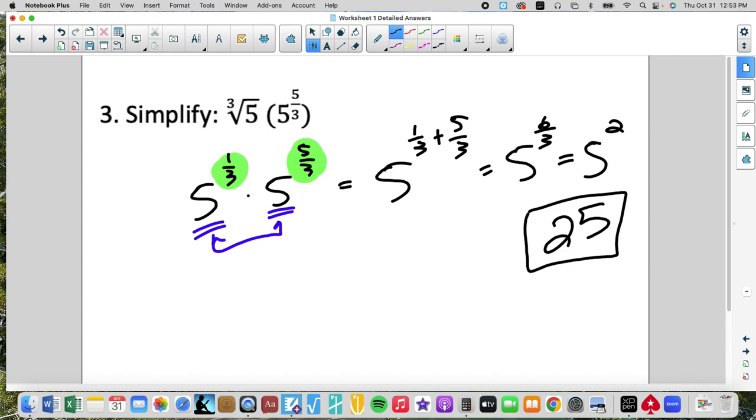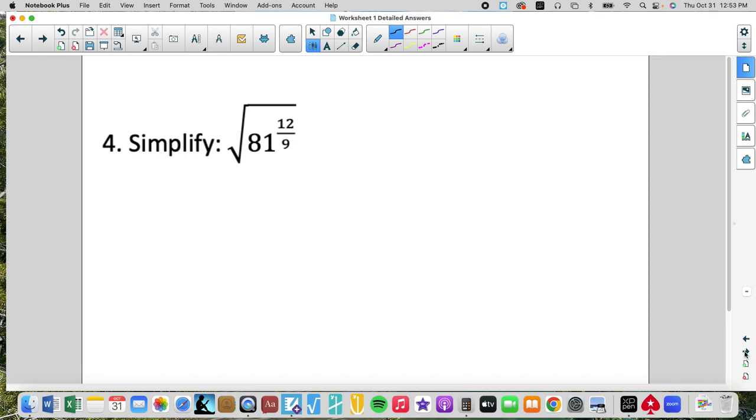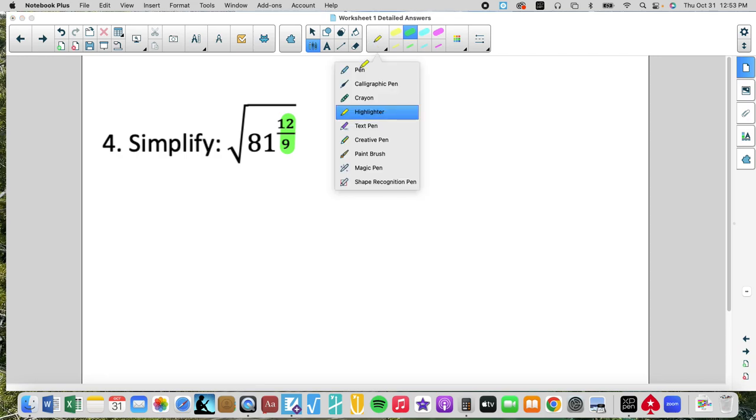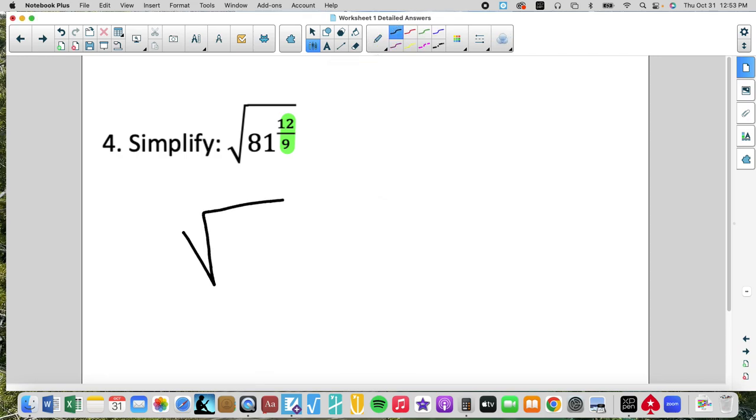Yep. Good. Simplify. All right, first I'm going to simplify this exponent because that can be simplified. We have the square root of 81 to the 12 over 9. 12 over 9. 3 goes into that 4/3 times. Good. And so, all right.